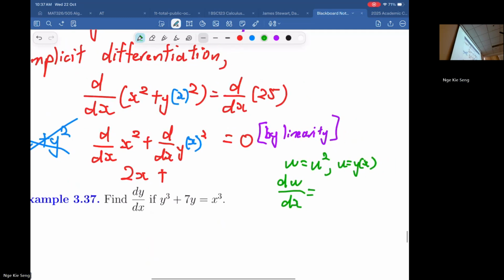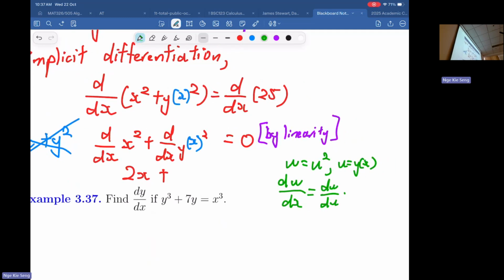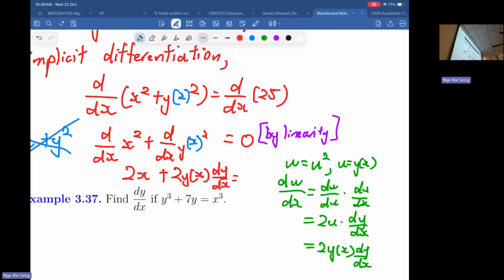We should get dw over du times du over dx, which is 2u times y prime x, which is dy over dx. So what's u here? u is just y(x). So here we should get 2 times y(x) times dy/dx equals 0. Okay, make sense?